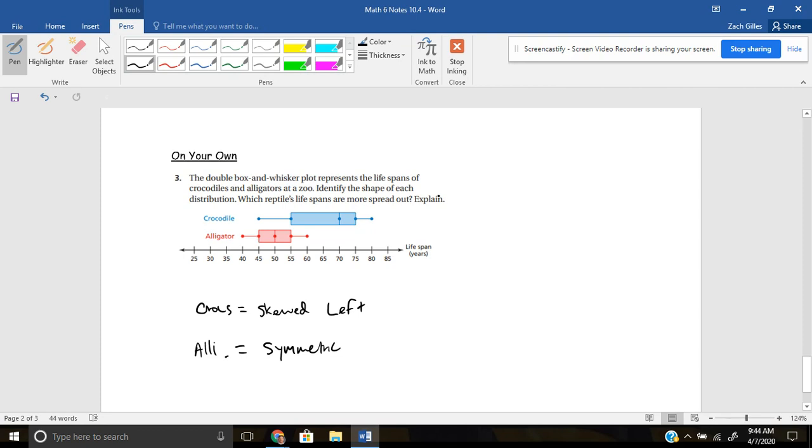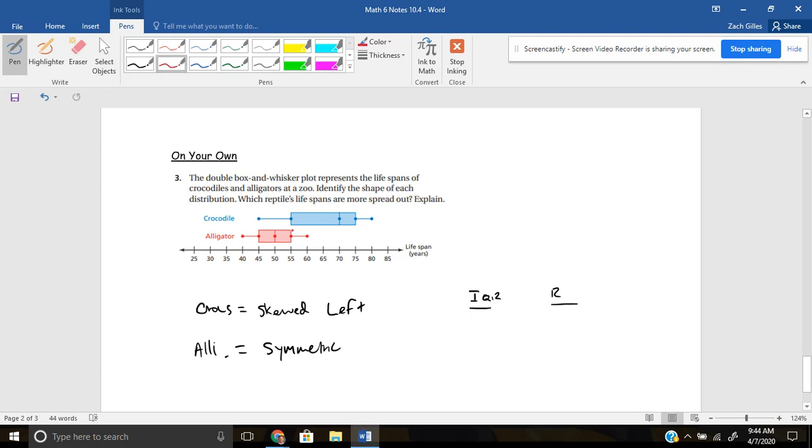Okay. And then it says, which reptiles' lifespans are more spread out, and explain. Let's look at both the interquartile range and the range to be able to tell here.